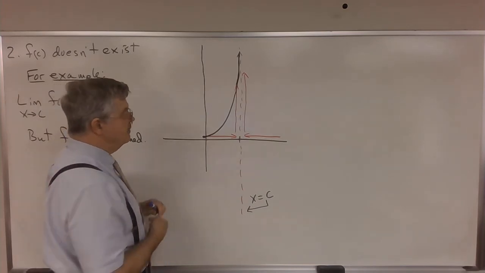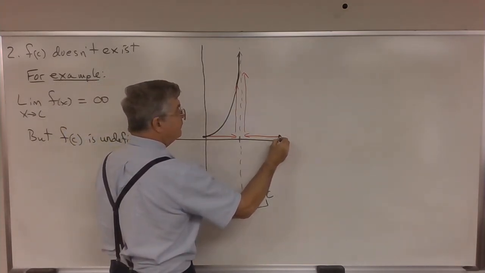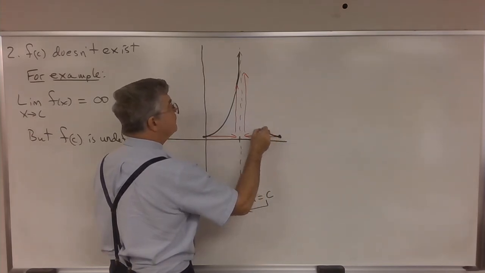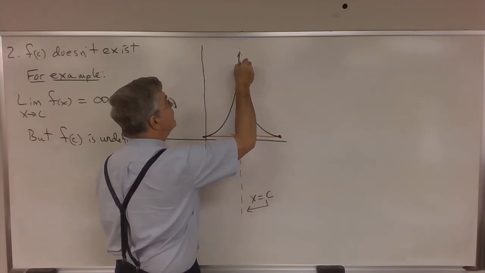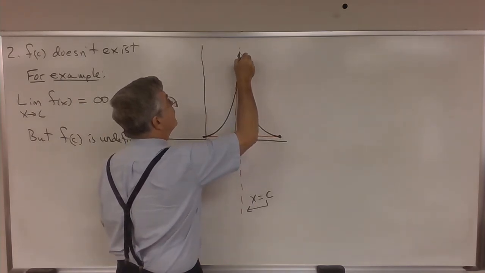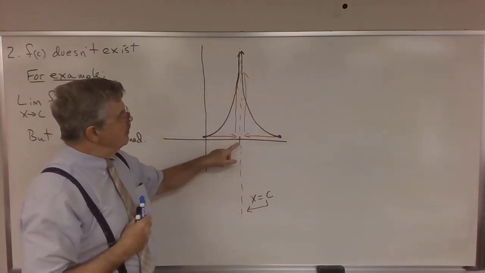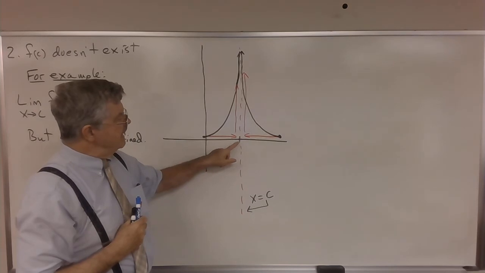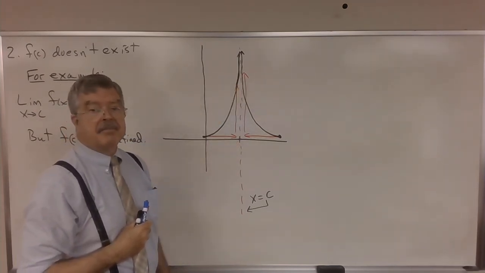And the net effect is that the graph goes from right to left, and it goes uphill like this. But right here at x equals c, there's no point on the graph, is there?